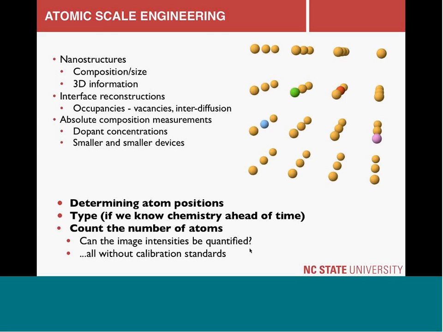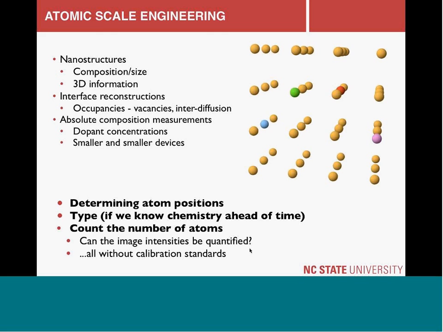Okay, and specifically for electronic devices, we really want to know the absolute dopant concentration. How many atoms of a particular dopant do we have in a device, say a p-type region? And that really makes a big difference as we go to smaller and smaller devices. I mean, we're pushing the 20 nanometer barrier now, I believe, in fabrication and production. So as devices get smaller, it's just going to matter more and more.